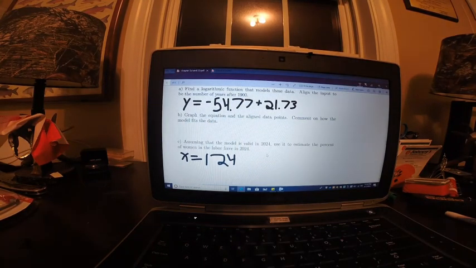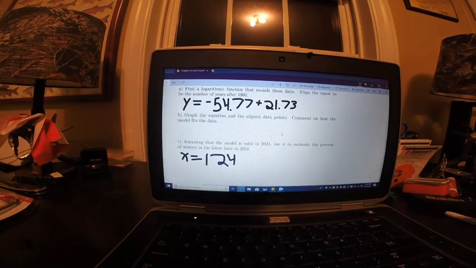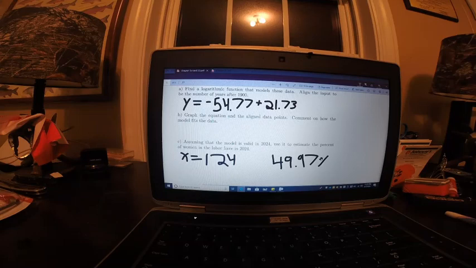So, use it to estimate the percent of women in the labor force in 2024. We said that that would be 49.97%. That would be your answer to part C.